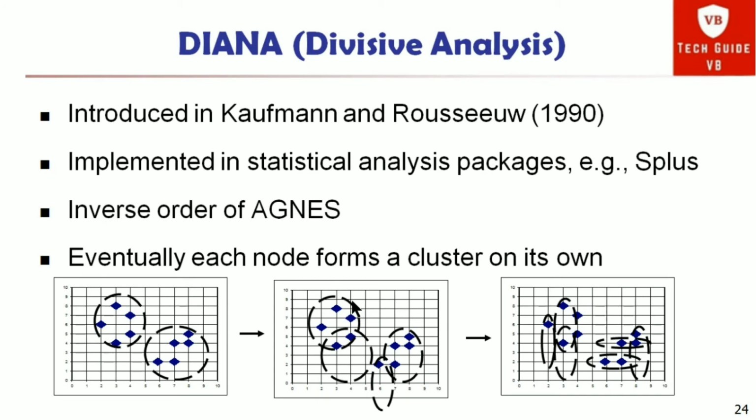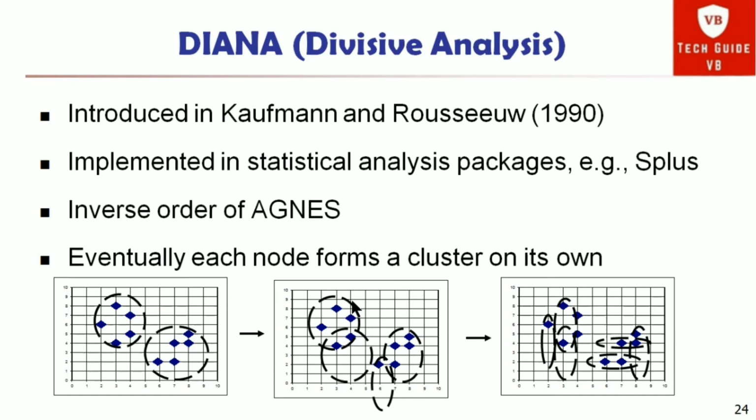The next method is DIANA, which is divisive analysis, which we have seen earlier in the overview of this method. It is in the reverse direction compared to the agglomerative method. It was introduced by Kaufman and Rousseeuw in 1990, implemented in statistical packages like S-Plus, and it is the inverse order of AGNES.